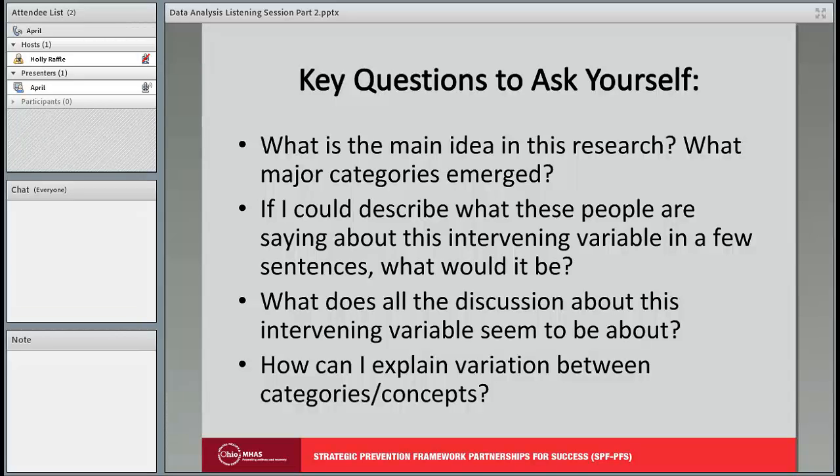If I could describe what these people are saying about this intervening variable in a few sentences, what would it be? Or even a few words, and then we can expand from there. What does all the discussion that occurred during the focus group about this particular intervening variable seem to be about? And how can I explain variation between categories and concepts?